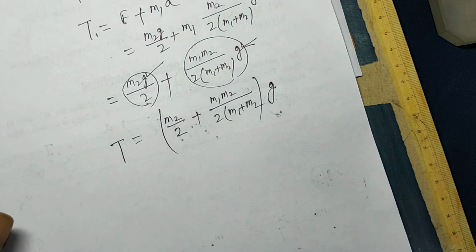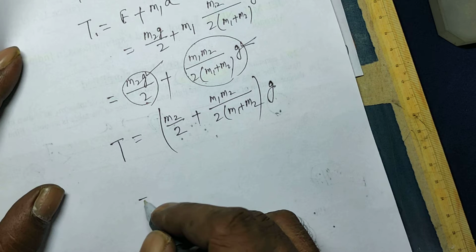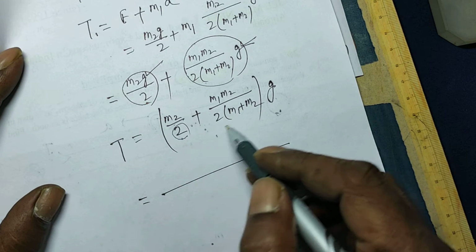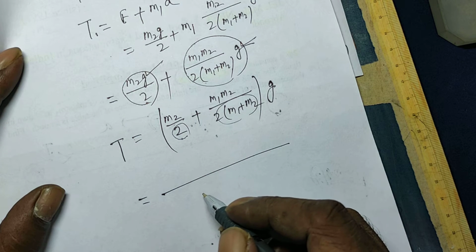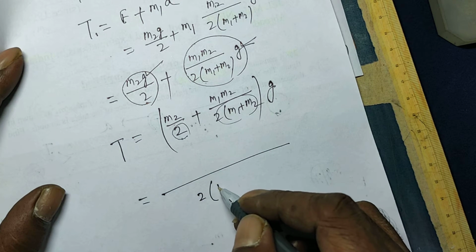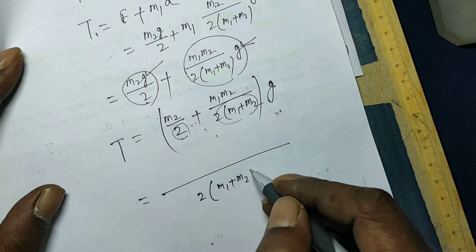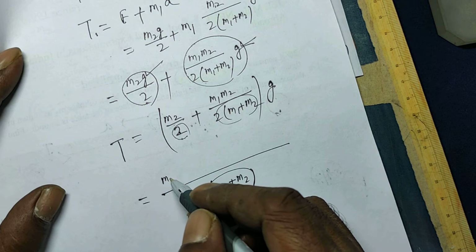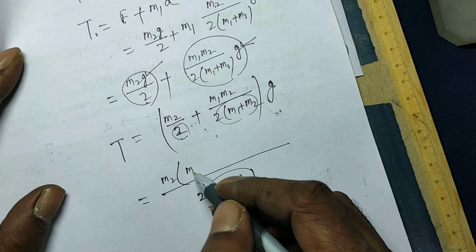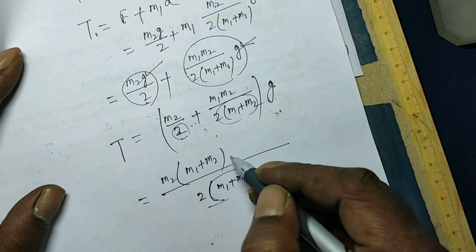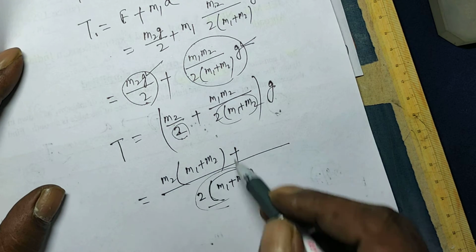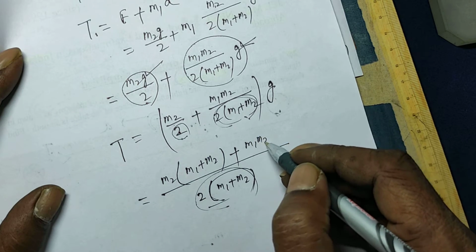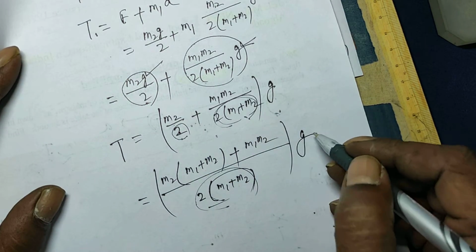And if you want to simplify it, you can do so. Very simple. So your LCM becomes 2 times M1 plus M2. This divided by 2, I am left with this. So M2 will be multiplied with this, M1 plus M2, plus this divided by this is 1. So 1 times this is equal to M1 M2, this whole into G.